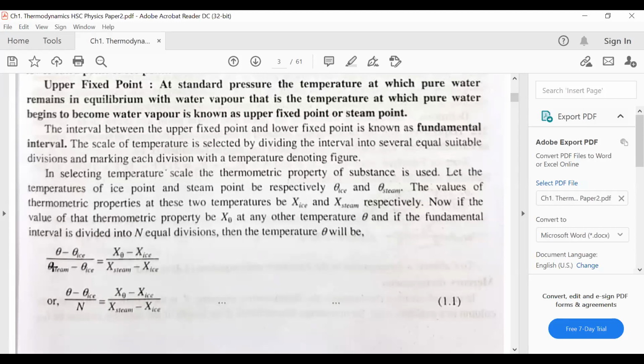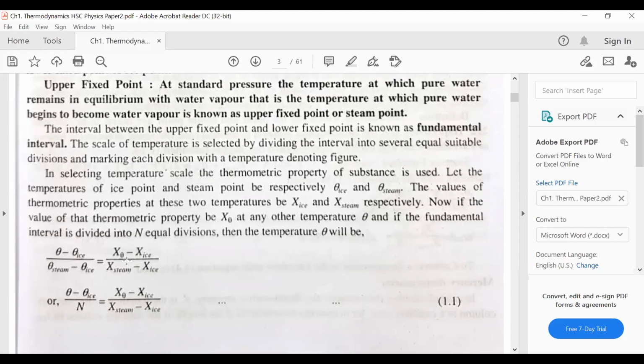Now, theta steam represents the upper fixed point, which is also called the steam point. So, theta minus theta ice divided by theta steam minus theta ice will give you X theta. X theta represents the thermometric property of the substance at theta temperature.